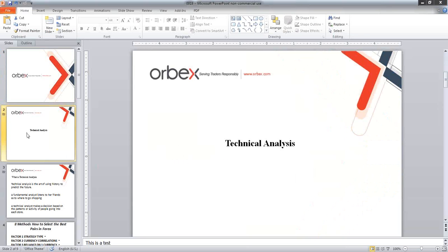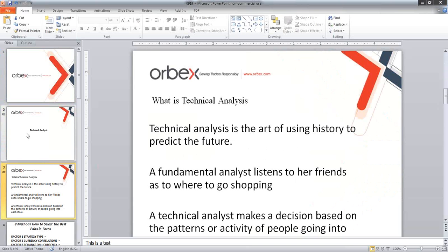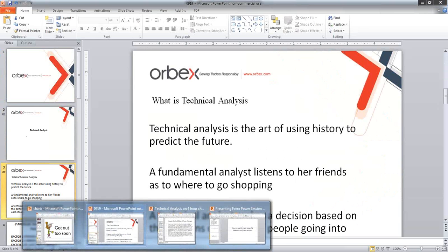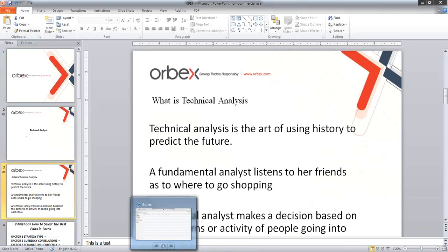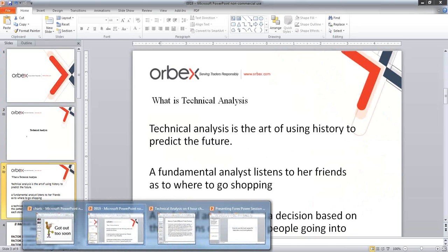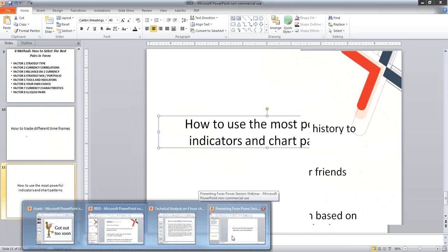Last week we briefly talked about fundamental analysis and technical analysis and the differences between the two. We're not going to go through fundamental analysis this week, but we are going to talk more about technical analysis.